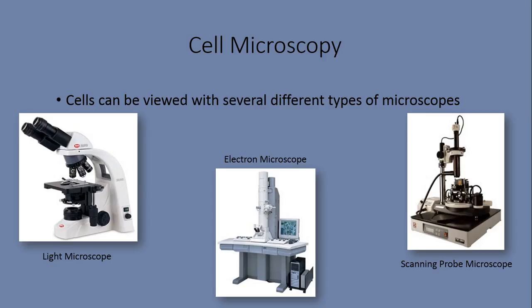And the 1,000 magnification objective lens is also referred to as the oil immersion lens because you actually need a drop of oil on your slide when you're using this lens. What you do is you take your slide that has your cells or your microorganisms, place it onto the microscope stage. You take a drop of oil and put it on that slide, and then you're able to view it with the 1,000 magnification objective lens.